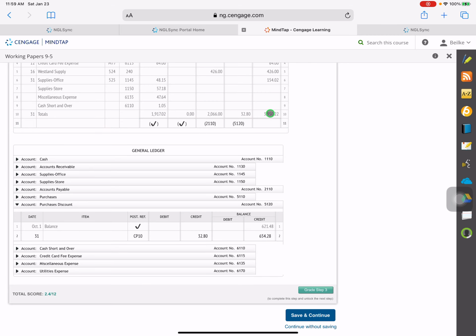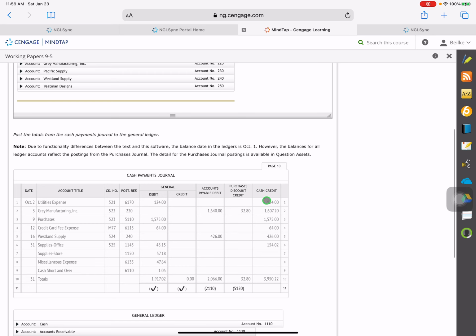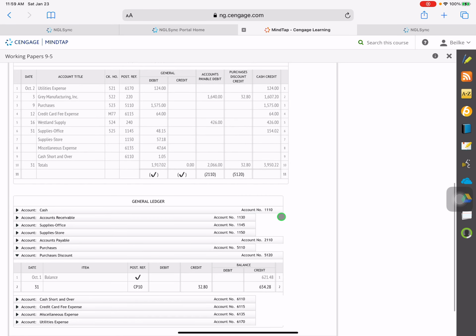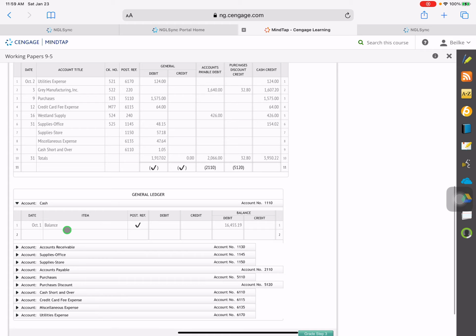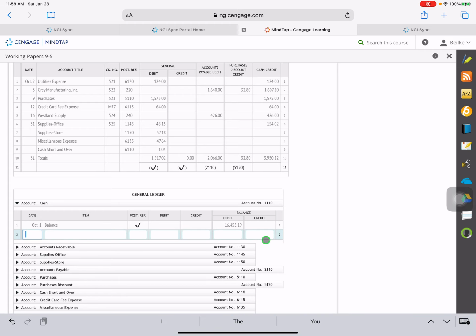Our third account, special amount column that we will be posting is our cash credit. So we'll go to cash. It's the 31st. Cash payments, page 10. It says it's a credit of $3,950.22.